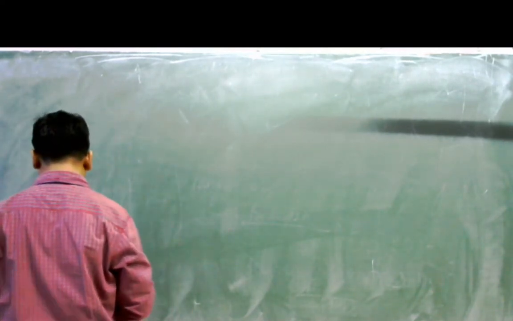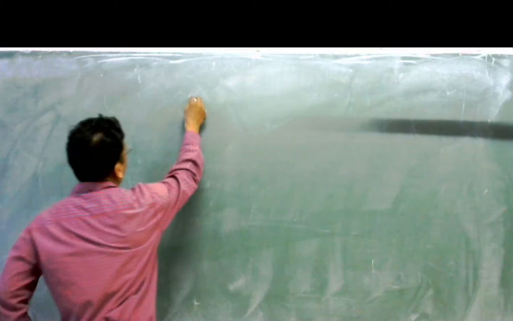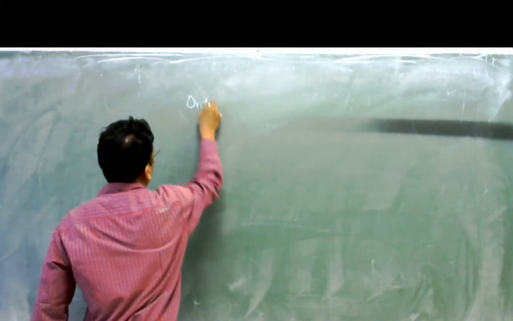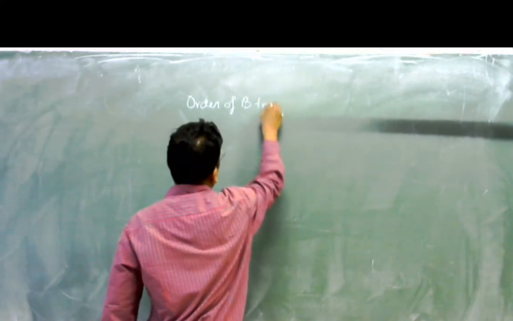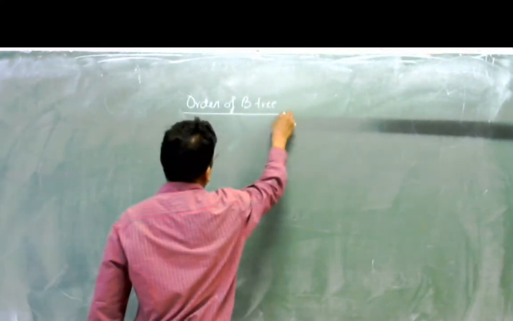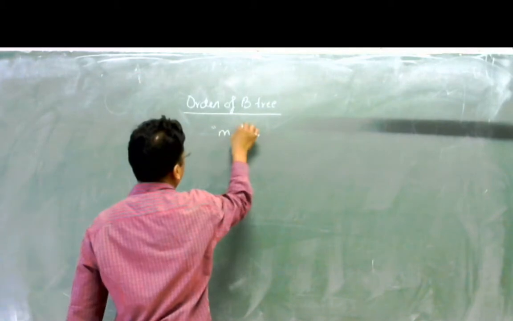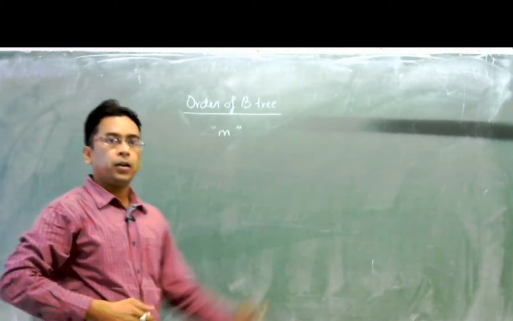So the question is, there are certain numbers. First of all, I shall give you the order of B tree. Order of B tree is defined by a variable m, right?